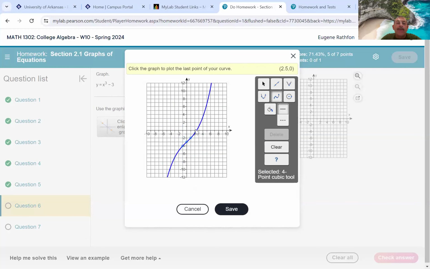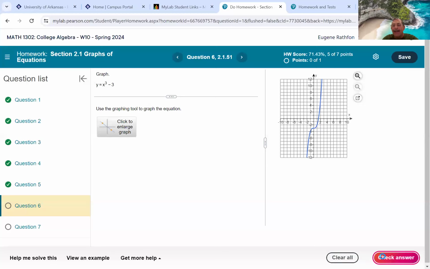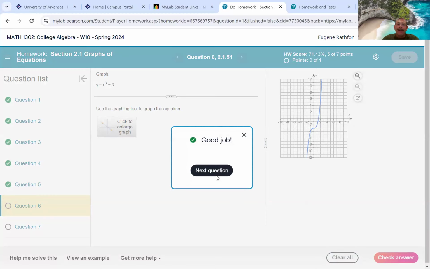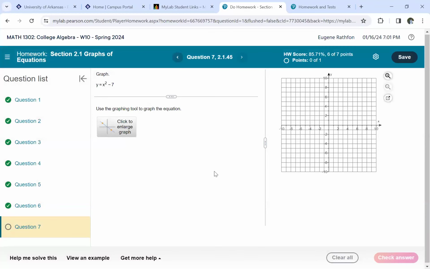And then we had 2, 5 right there. So it sort of goes uphill left to right like we had on our calculator. So you save that and check. I'm telling you, them cubics are a little trickier to do. And I've had people that sort of shake when they do the computers, and it takes forever to do them things.